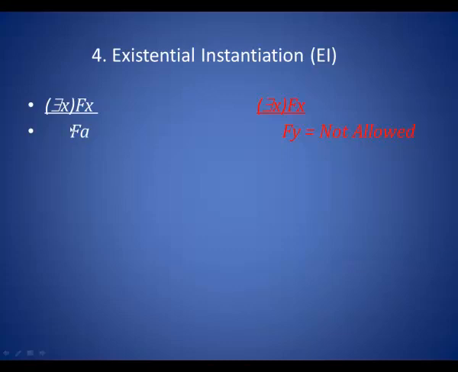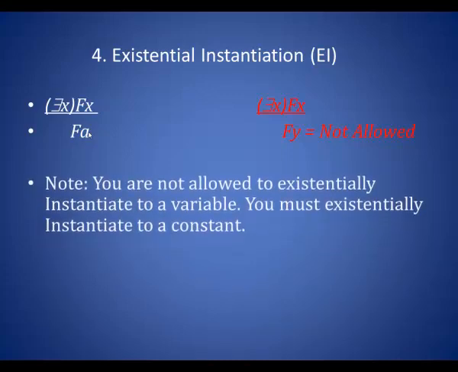So in the case on the left, I've removed this quantifier, and I've replaced the variable with a constant. On the other hand, if you look to the right, in the red writing, you'll notice that I am not allowed to remove my quantifier and replace my variable with another variable.